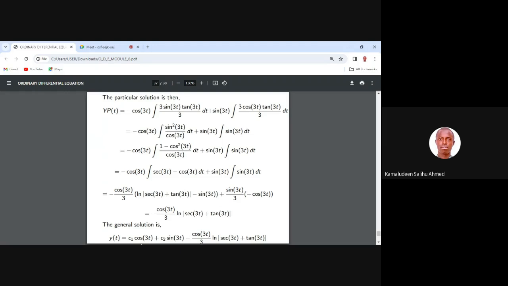So which is this c1 cos 3t plus c2 sine 3t, then minus what you are having in your particular integral. So you come and add them together. So it's still following the same trend, the same format. That is, the general solution will be complementary solution plus the particular integral. So which is what we have here.